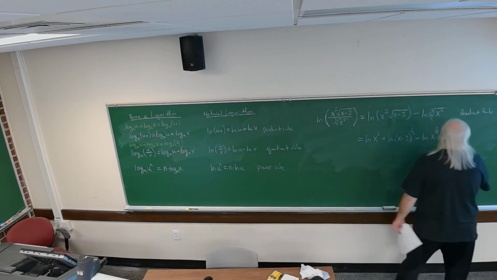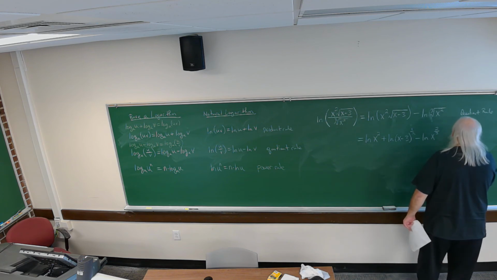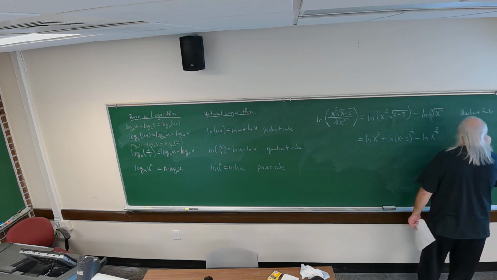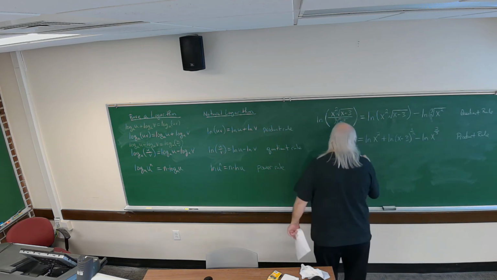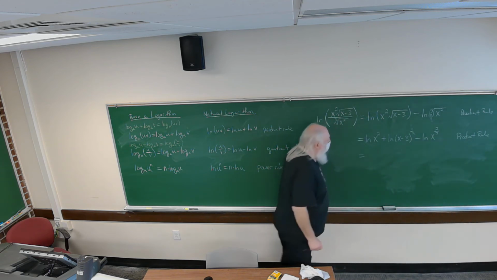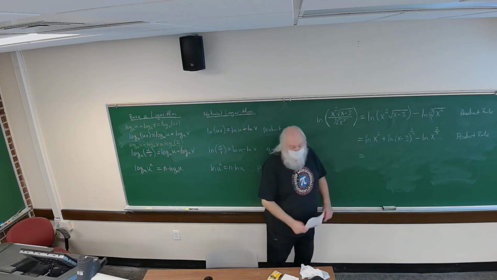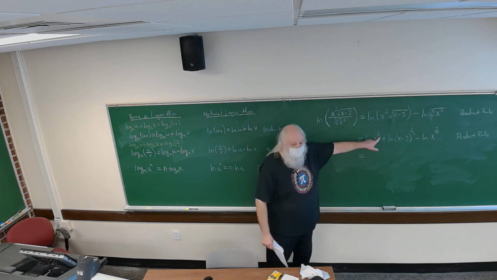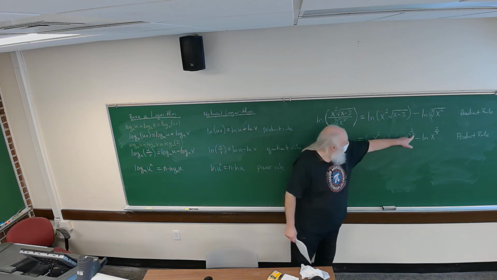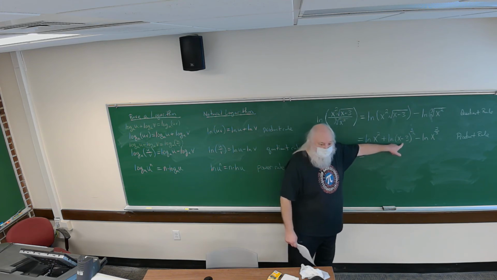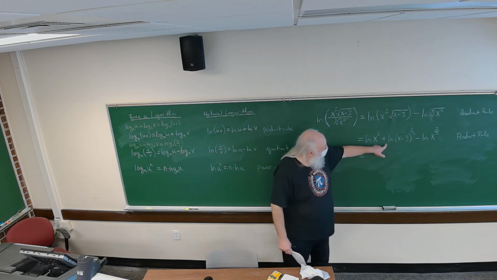So in this step we use the product rule. And now lastly we can use the power rule. This 2 that's an exponent of the variable x here, it can be brought down in front of the natural log. This 1/2 that's an exponent of x minus 3 can be brought down in front of the natural log.